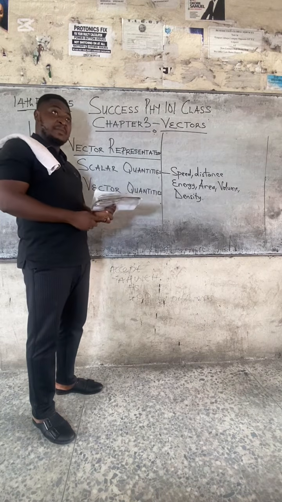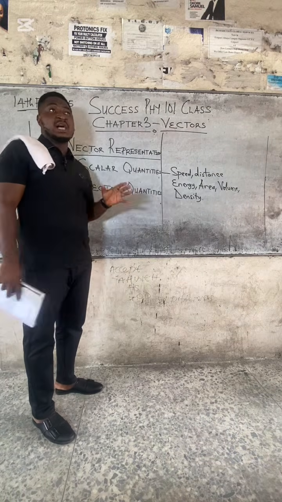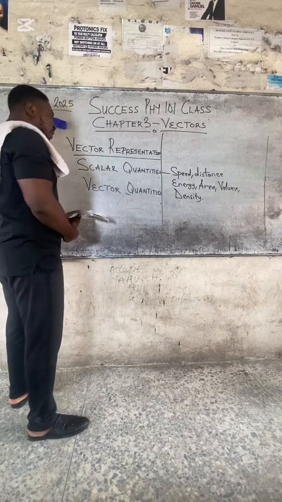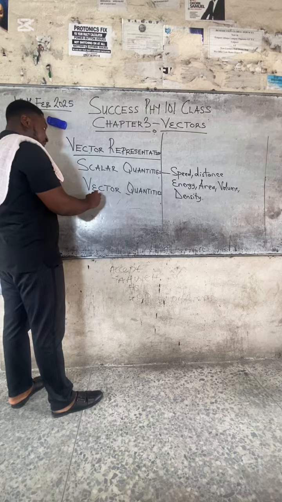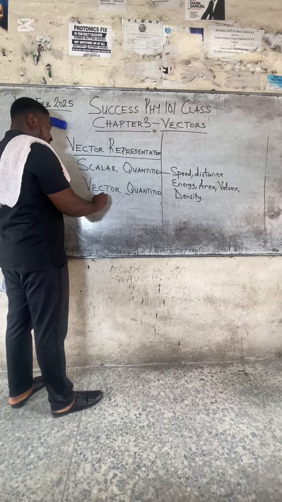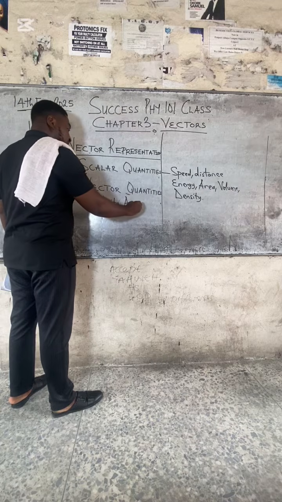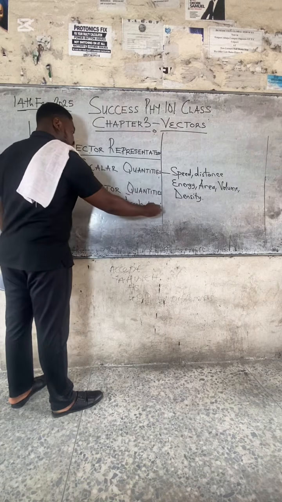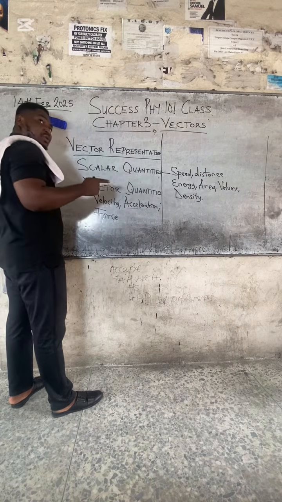Why am I starting from here? Because even in your exam, I've seen questions where they say, which of the following is not a scalar quantity? Which of the following is not a vector quantity? Vector quantities are quantities that have both magnitude and direction. Velocity is a vector quantity. Acceleration is a vector quantity. Force is a vector quantity. Class, when you're applying a force on a body, you need direction. Where are you applying the force to?